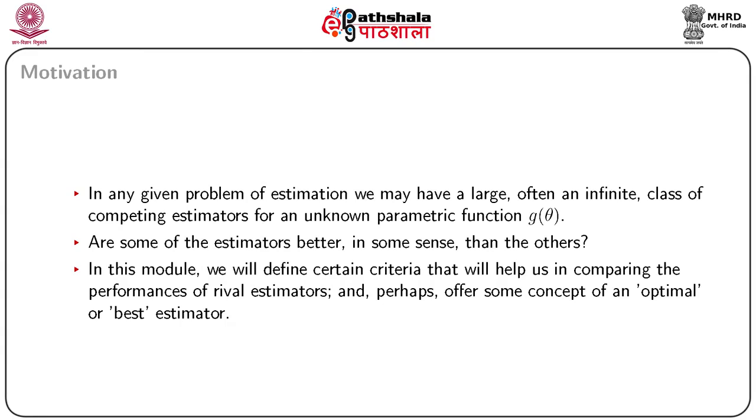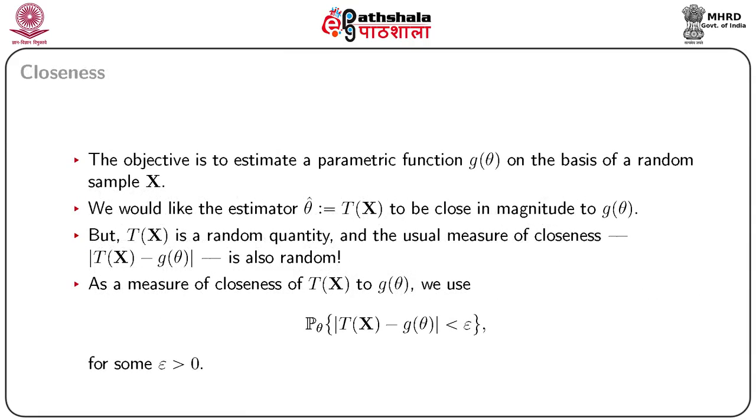A natural question may arise: are some of many possible estimators better in some sense than others? In order to decide whether an estimator is better than the others, we need to know certain properties. One of such property is the closeness property.